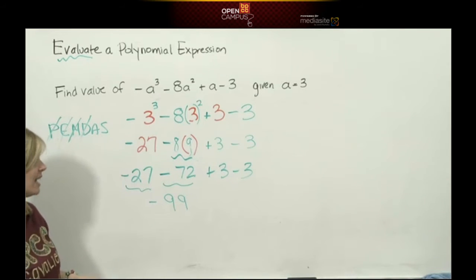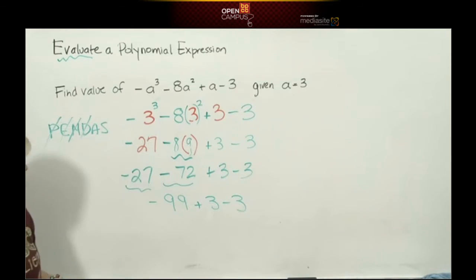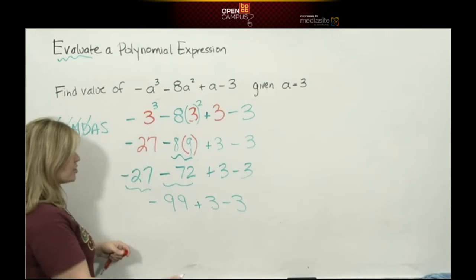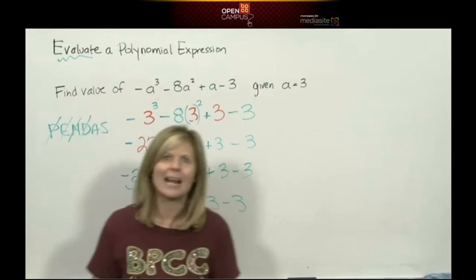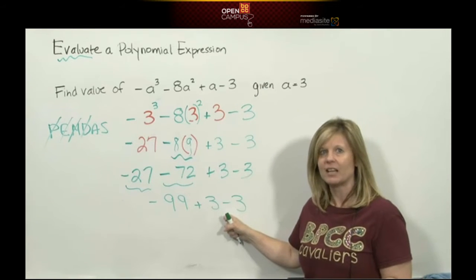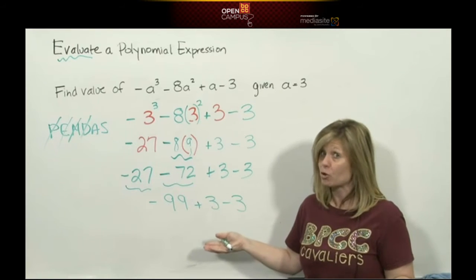So that'll give me negative 99. Plus 3 minus 3. Now, it doesn't matter what order we add and subtract in. So, ladies and gentlemen, isn't it quicker to add a plus 3 and a minus 3 together because you're really not adding? If this 3 is positive and this 3 is negative, we would subtract, and 3 minus 3 from first grade is 0.